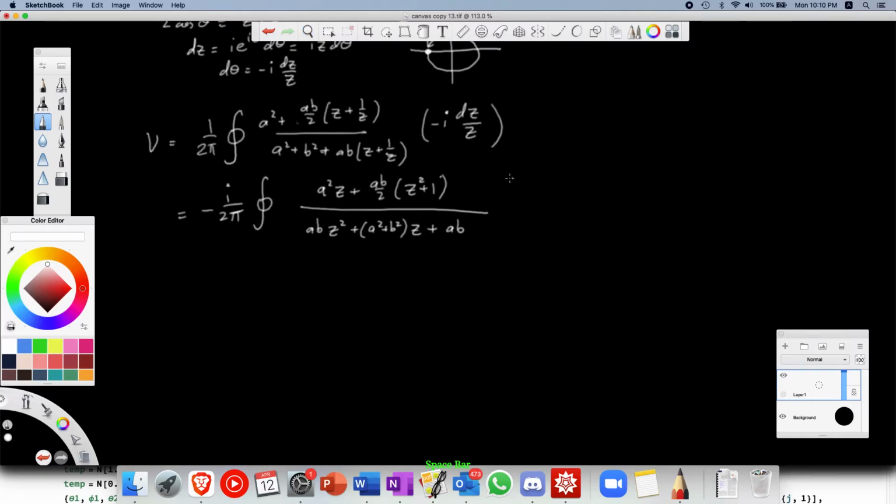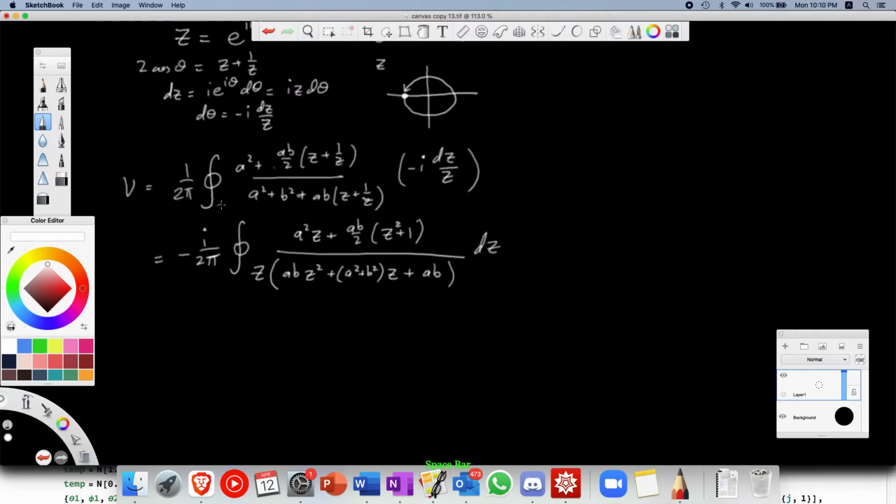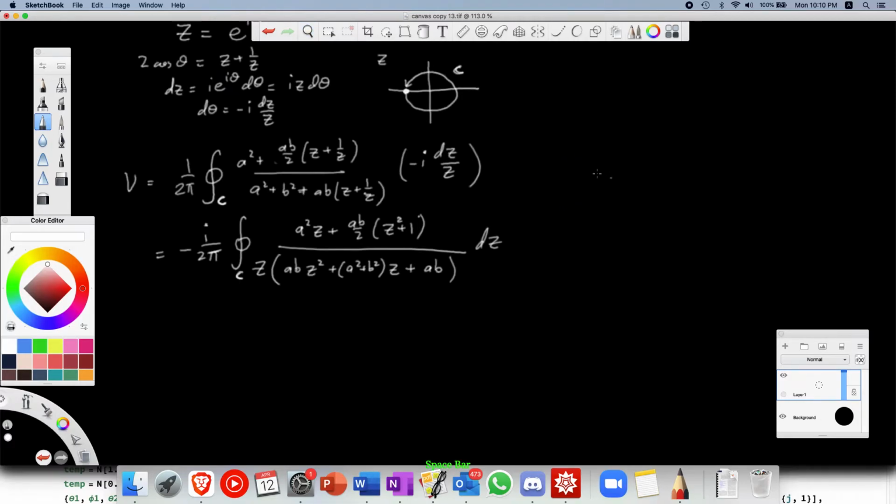And then you have the 1 over z over here. So this is now a contour integral over the path c, where c is this anti-clockwise path over here.